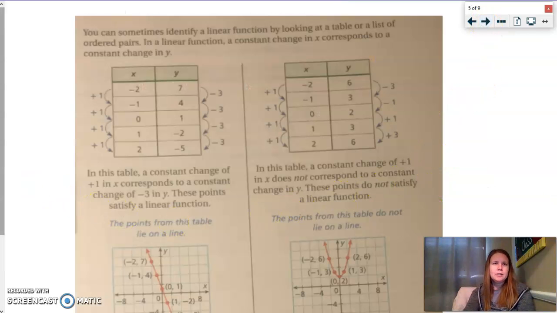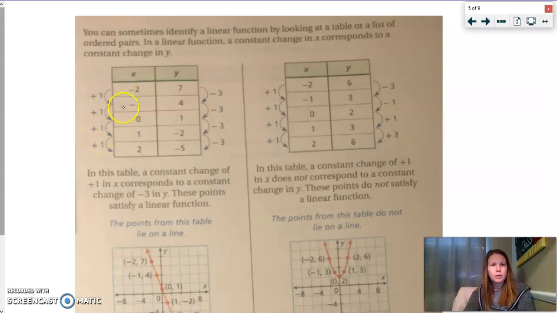So the next part says you can sometimes identify a linear function by looking at a table or a list of ordered pairs. In a linear function, a constant change in x corresponds to a constant change in y. They show this constant change, which we're going to talk a little bit more about as we continue. In this table, each x as they go down is adding 1.